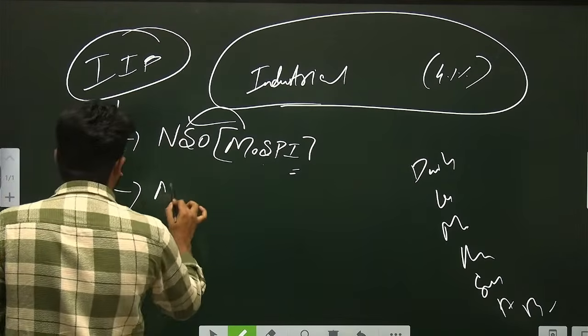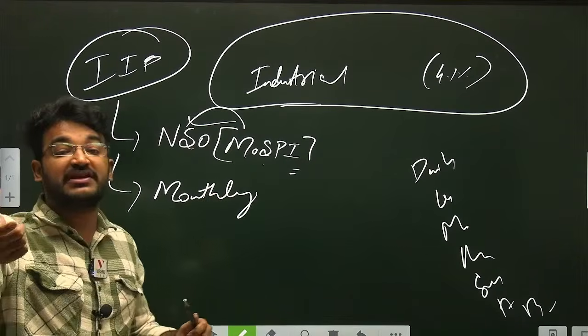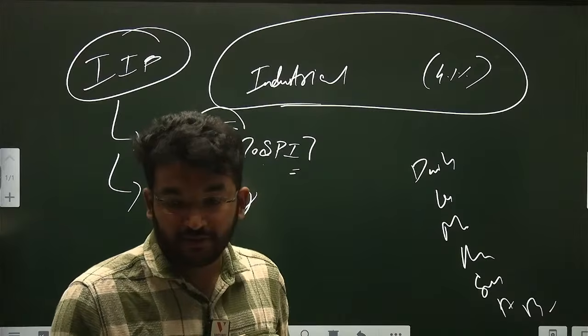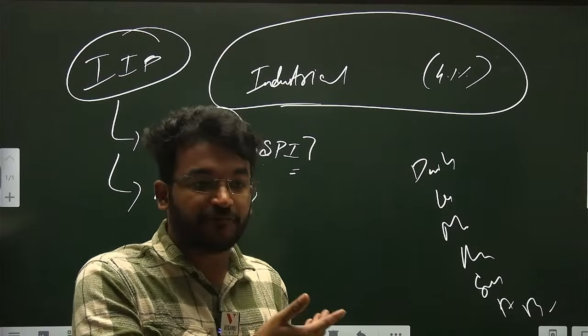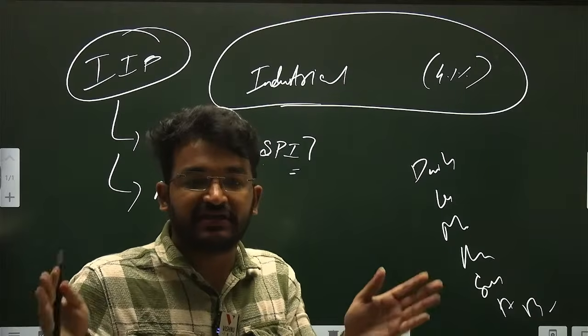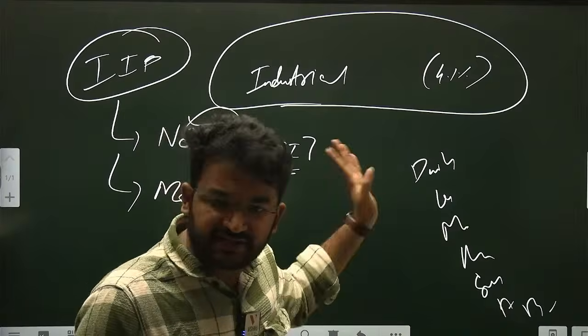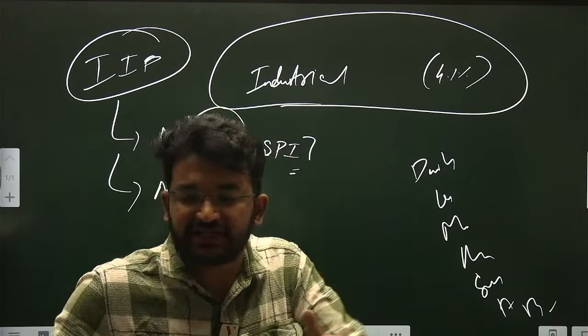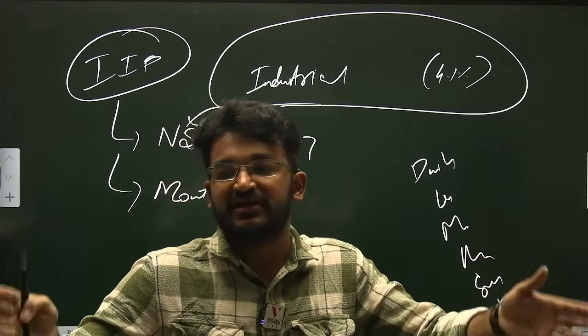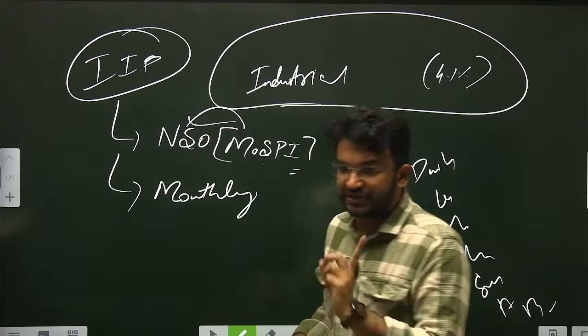Here IIP will be released monthly, CPI will be released monthly, GDP values, every quarter we will get the GDP, and finally for 1 year we will have the overall measurement. Similarly, in IIP also we will have monthly and finally the annual measurement. Understood? So that is the third thing you need to remember.